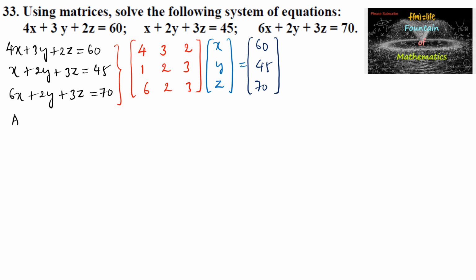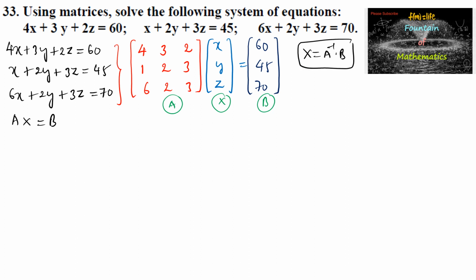So we can write it in the form AX is equal to B, where A is the coefficient matrix, X is the variable matrix and B is the constant matrix. And we know that X is equal to A inverse into B. This is the matrix inversion method.